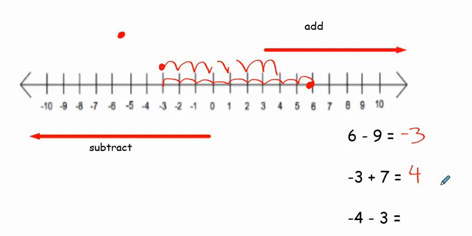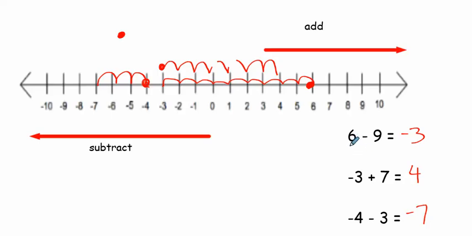And then the last one here, if I am starting at negative 4 and I take away 3, I'm going 1, 2, 3. So I'm ending at negative 7. Okay. A lot of times with positive and negative numbers, I like to put it into real life context. I always put it with money because that seems to be what we are familiar with.